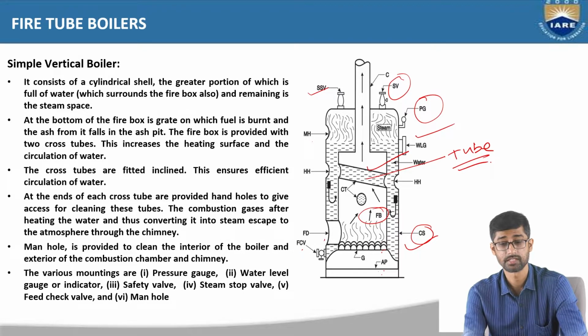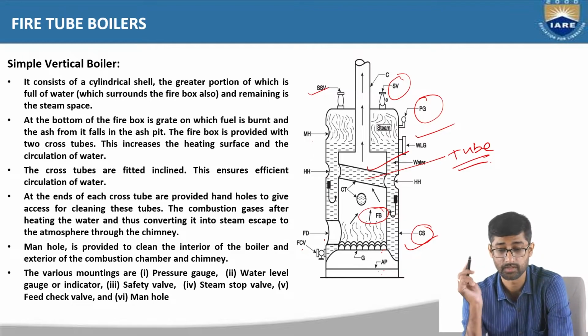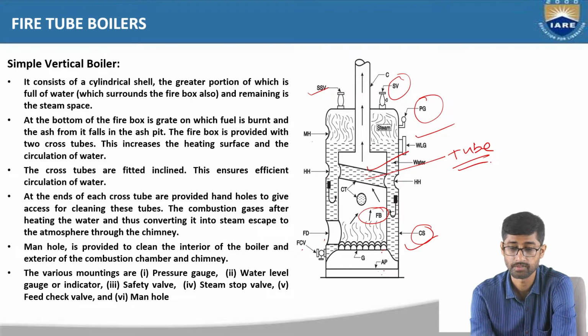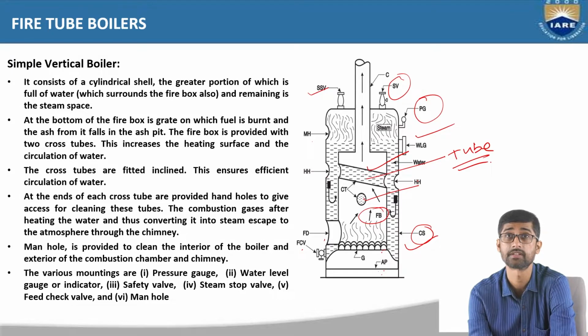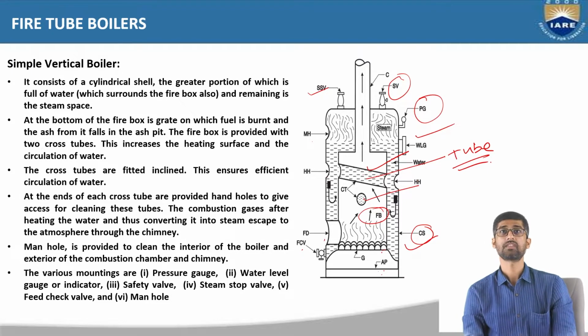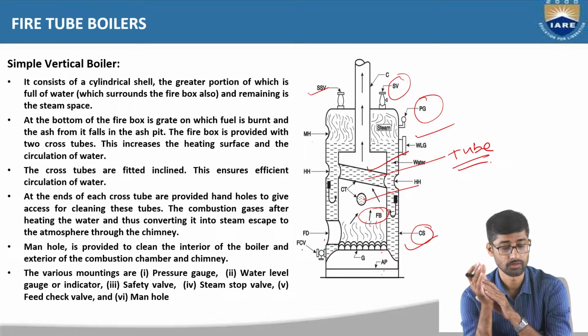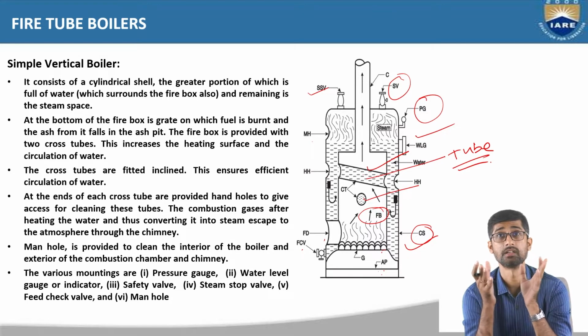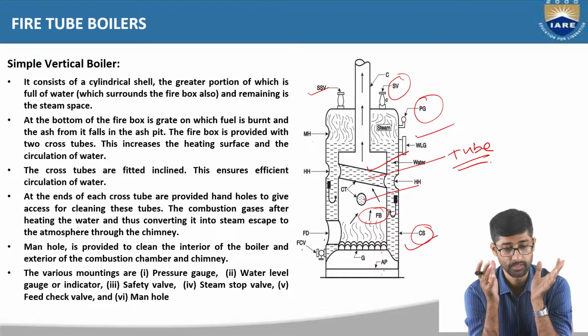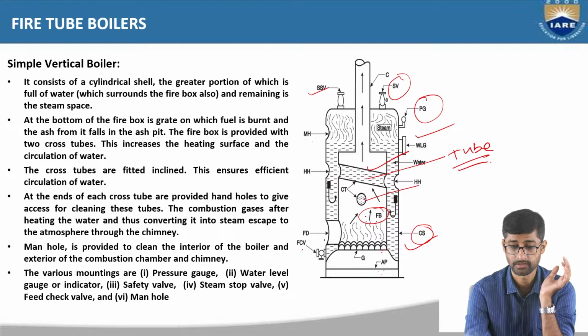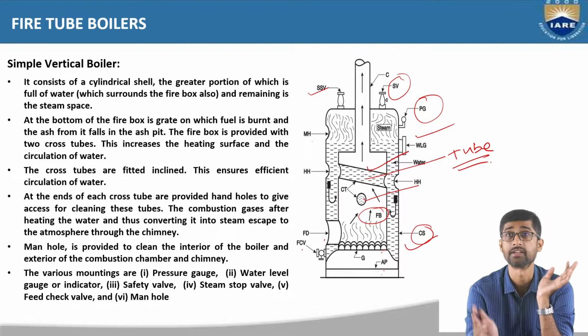The firebox is provided with two cross tubes. If you see here, one tube is here and this is another tube. This increases the heating surface. Why are the tubes crossed, not horizontal? Because this increases the heating surface and the circulation of water. The heating surface here will be more, and the water flows freely.